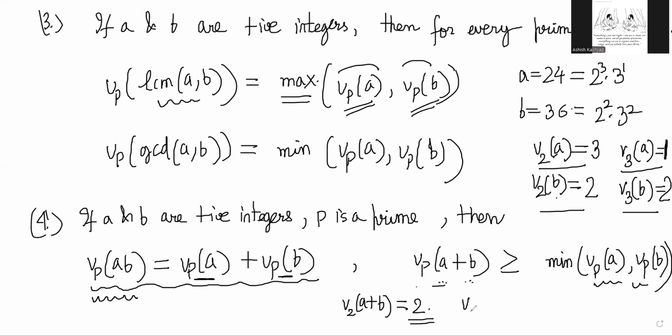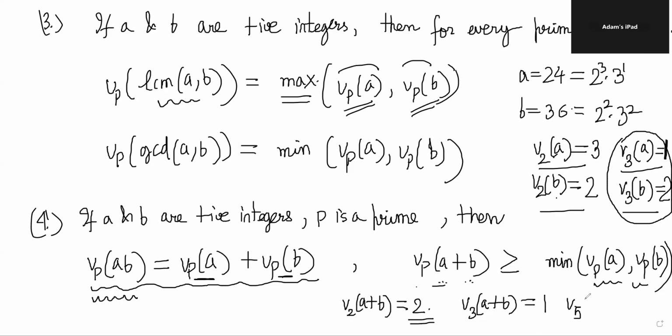V_3(A+B) is 1, and the minimum value of this is 1, right? V_5(A+B) is 1, but V_5 of both of them is 0. So 1 is greater than the minimum of these.